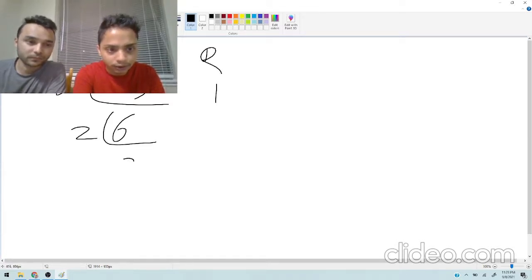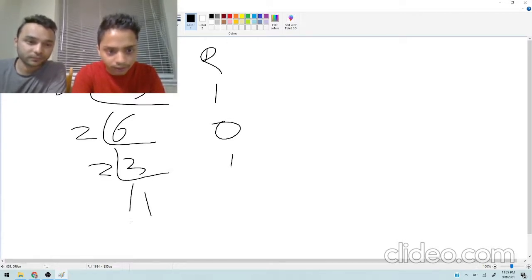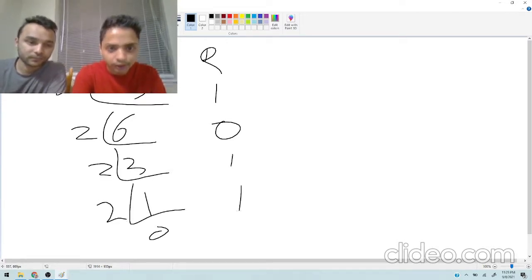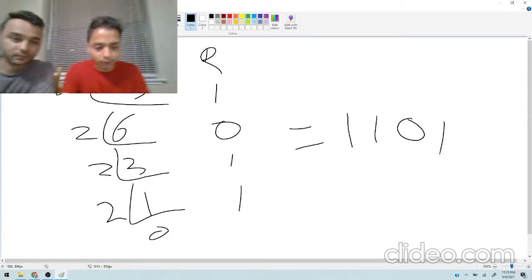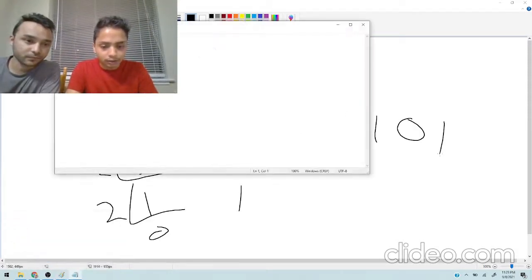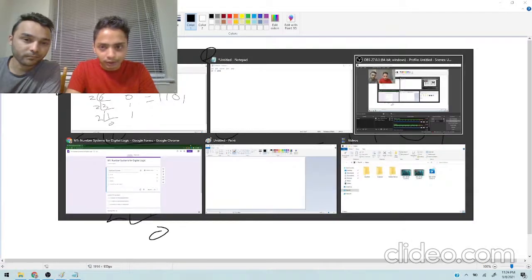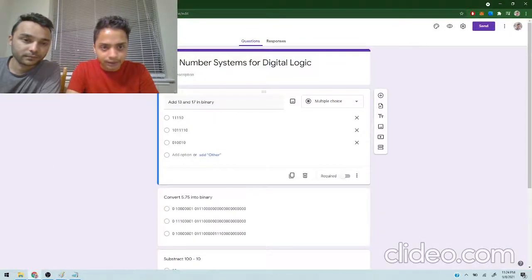Similarly, 2 threes are 6, remainder 0, 2 ones are 2, remainder 1, and 2 zeros, remainder 1. So 13 would be 1101.